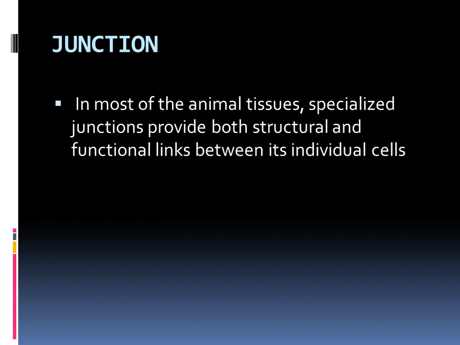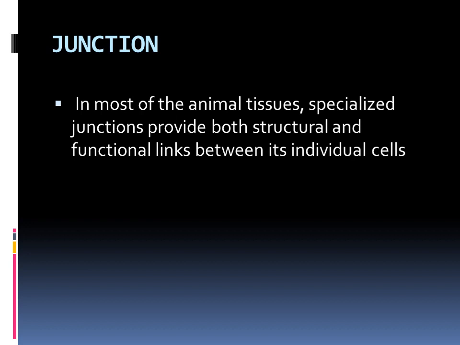In most animal tissue, specialized junctions provide both structural and functional links between individual cells. So in most animal tissue, there will be a junction between two cells. What is the use of this? It gives structural support as well as a functional link.